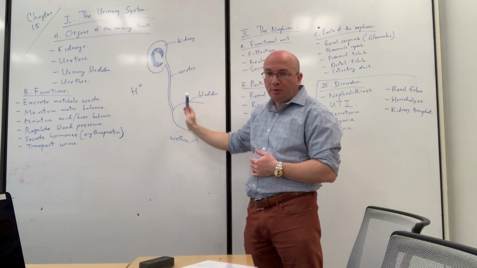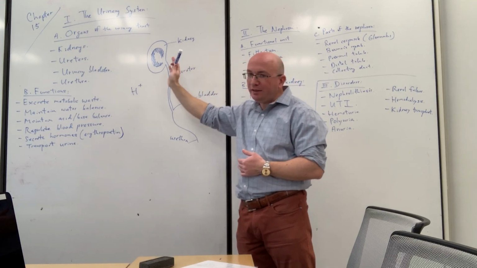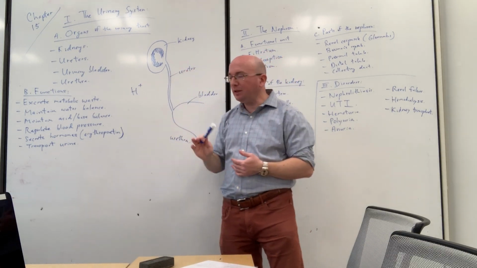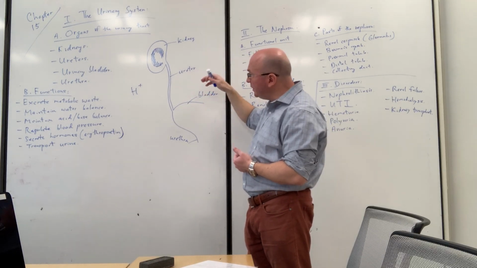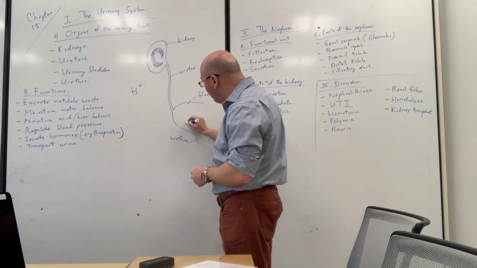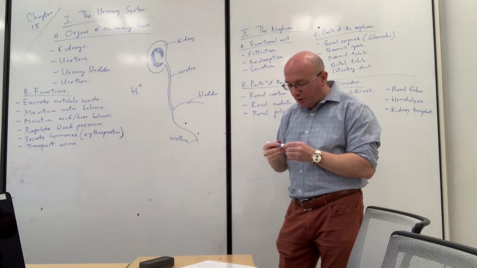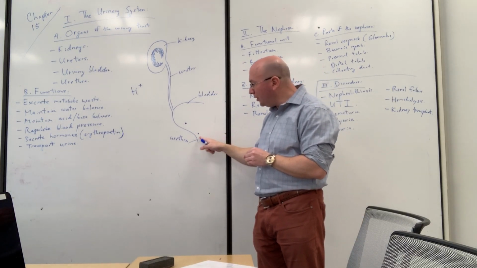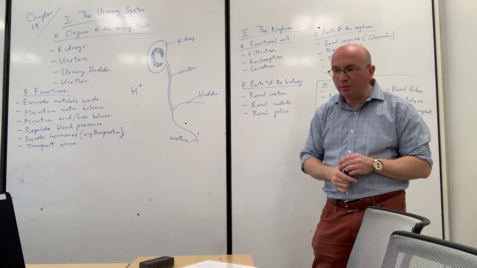This is just, keep in mind, only one side, the right side, if you're looking at the patient like this. And obviously it's symmetrical, so the left side is exactly the same. So the urine travels into the bladder. There are these openings here for the urine to enter the bladder, and an opening at the bottom for the urethra to transport the urine and expel it out of the body.